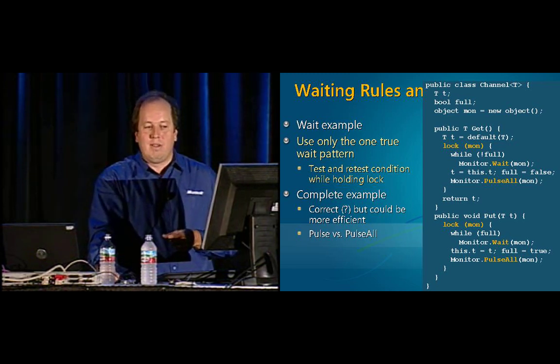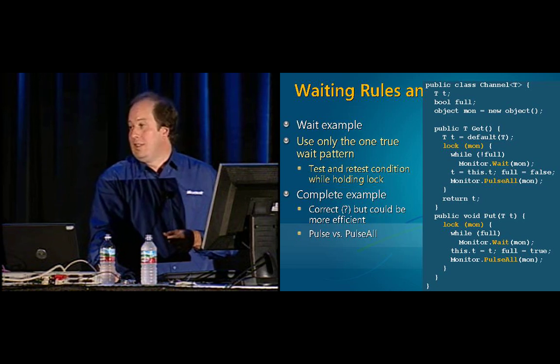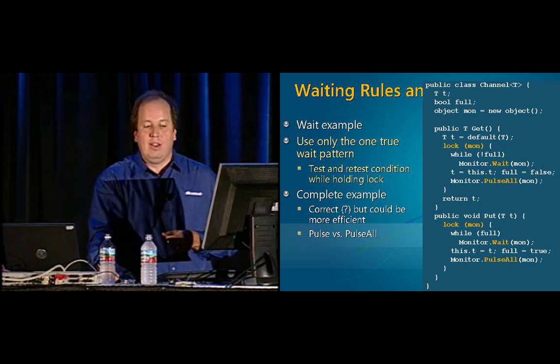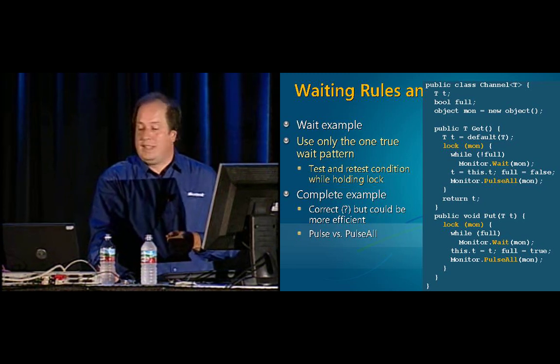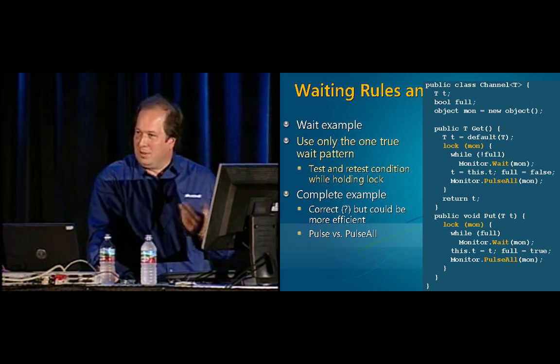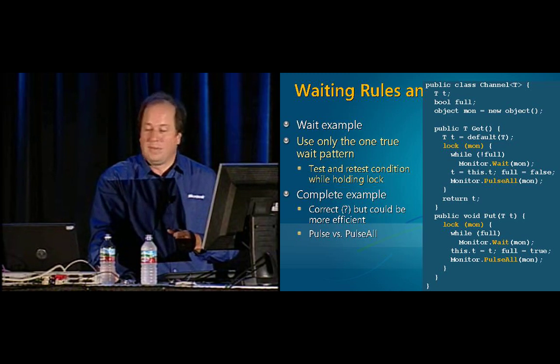Notice that they won't start running until I leave this lock. And then they'll wake up, try and reacquire the lock, retest whether it's full or not, and if it's not full, they'll put an item in and wake up the other sleeping getters.